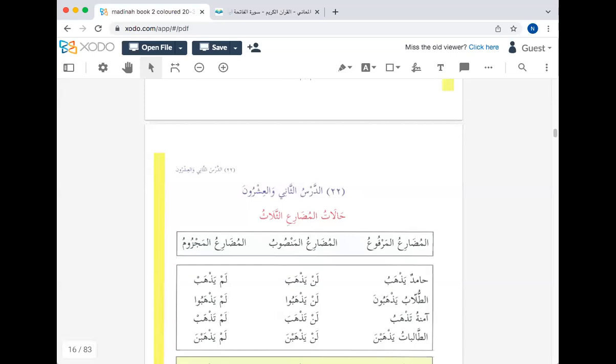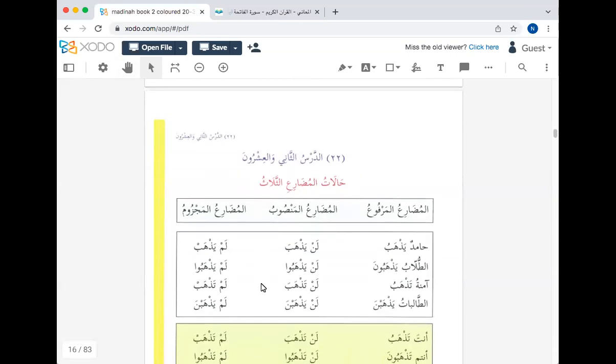So what we're doing is going over our lessons, the lessons that we previously covered, and that was by seeing how we can benefit from these lessons by finding ayat in the Qur'an al-Kareem that have these words.